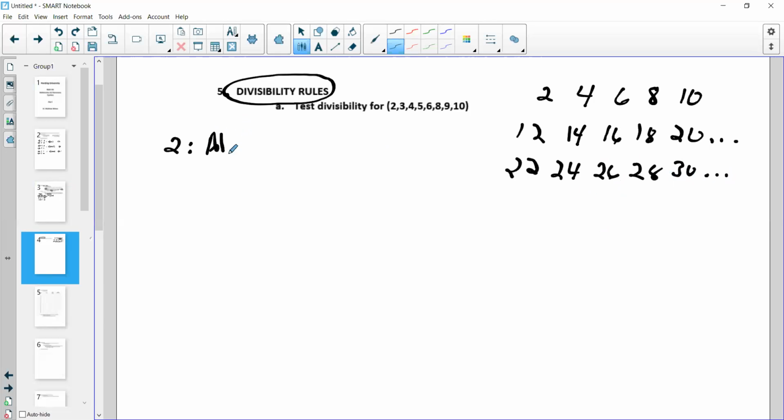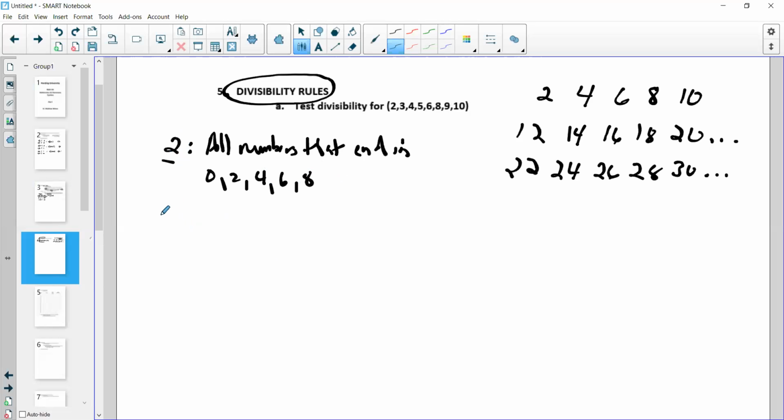So all numbers that end in 0, 2, 4, 6, 8 are divisible by 2.